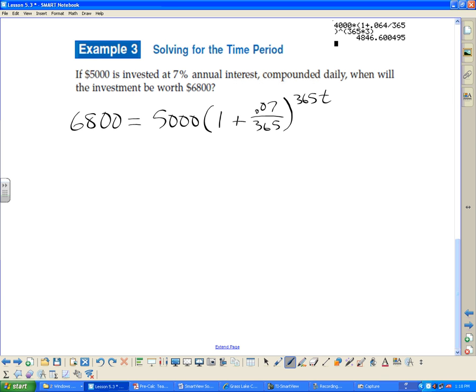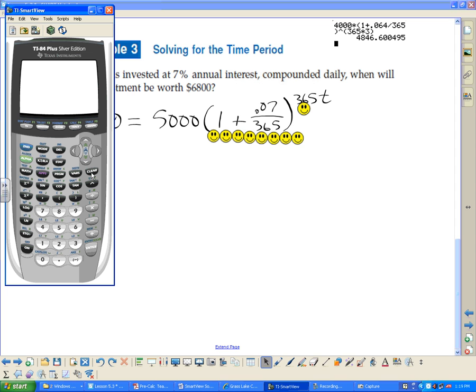So let's find this answer. So first of all, we're going to find the value of this 1 plus 0.07 divided by 365, and then raise it to the 365 power. We're going to find that value first. So let's go ahead and stick that in our calculator. So parentheses 1 plus 0.07 divided by 365, and we're going to raise that to the power of 365.